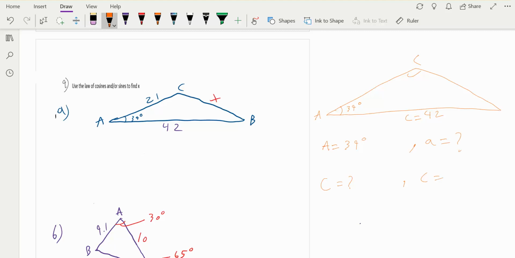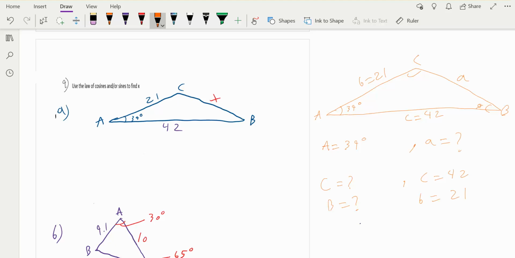And we know that angle B is unknown, but side B is 21. In this case, they're asking us to find side A. We have the angle of A, and we have side C and side B.